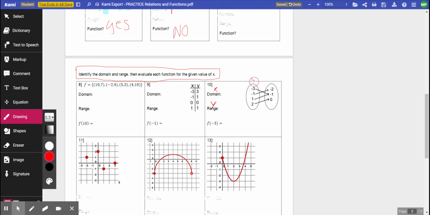Well, all you have to do is list out your x values that they give you and then list out your y values. So domain, my x values, is -3, -1, 1, and 2. Your y values, your range, is -2, -1, and 0.